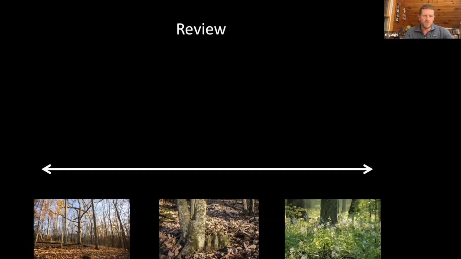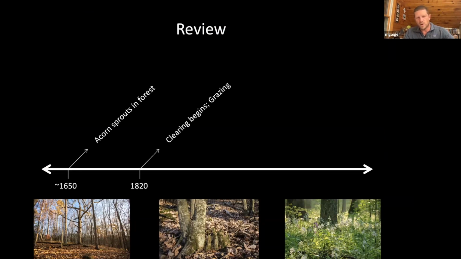And so our chronosequence here is: the acorn sprouts in the forest in 1650. This is well before any people of European descent had made it into this part of the country. So that acorn sprouts in a forest. We know based on the shape of the tree that it was forest grown initially. In 1820, the clearing begins and the grazing begins.